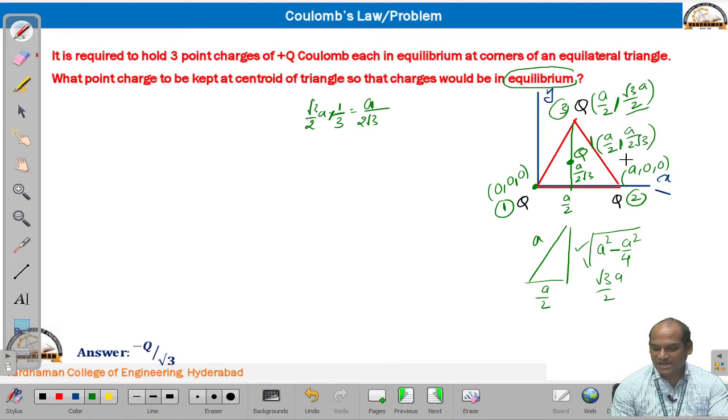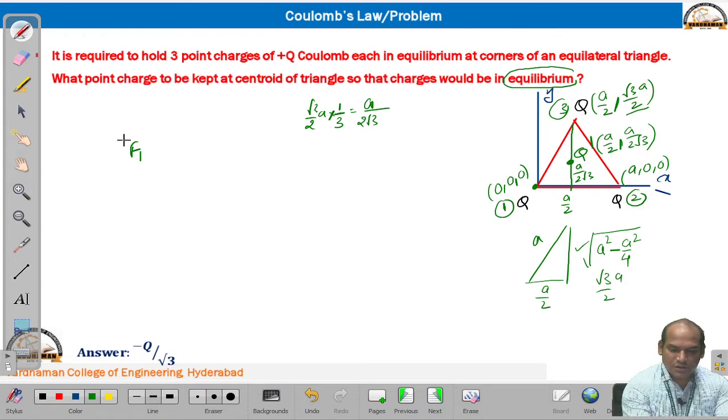Now, 4 charges are there, q, q, q at the vertices of the equilateral triangle, and fourth charge q dash at the centroid, and all the coordinates we have, and q dash only we have to calculate. Okay. So, I am calculating F1, that means for the first charge I am calculating which is available at 0 0 0.